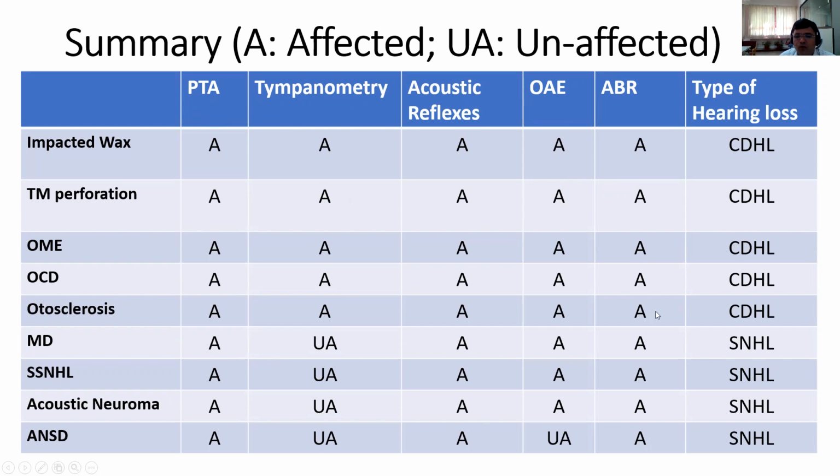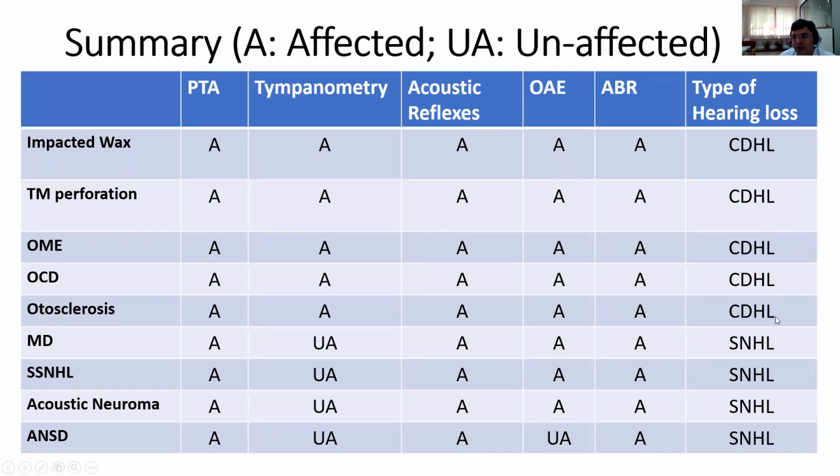You can see that most often A stands for affected. So most often it is affected, except in a few conditions of cochlear hearing loss where tympanometry shows A-type tympanogram, and in ANSD, auditory neuropathy spectrum disorder, where OAEs are unaffected.